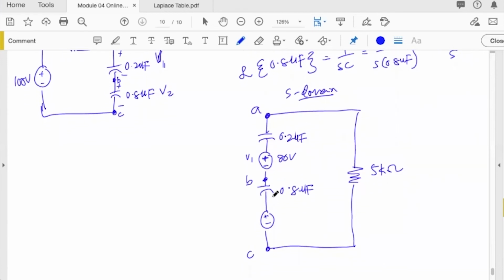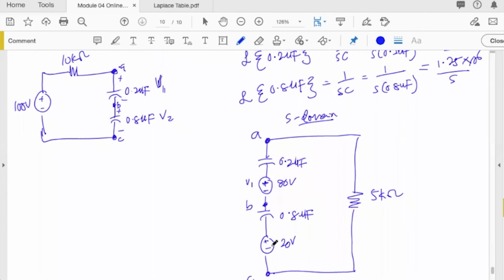And for the second capacitor, we have 0.8 microfarad. So percentage-wise, we can assume that 80% of 100 volts will be already stored inside of this capacitor. So the remaining 20%, which is 20 volts, will be stored inside of these initial values.